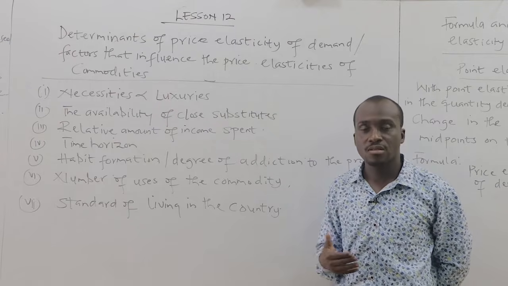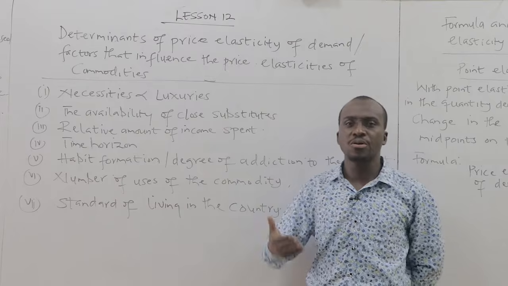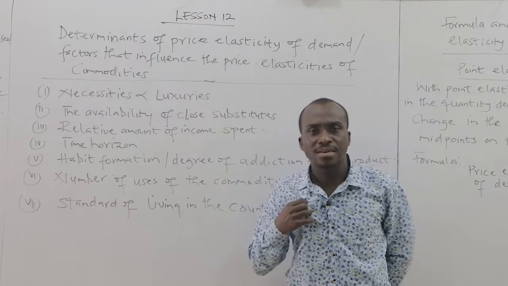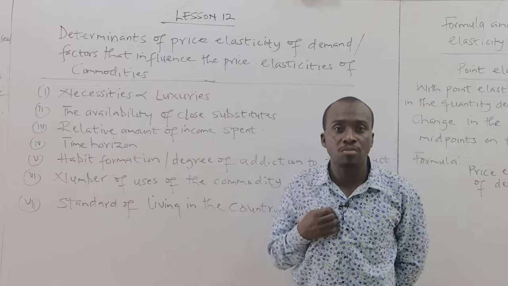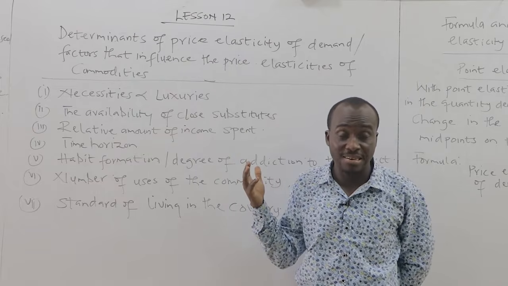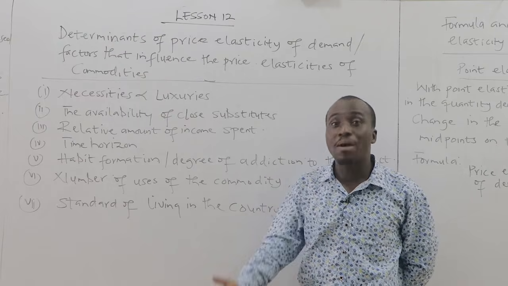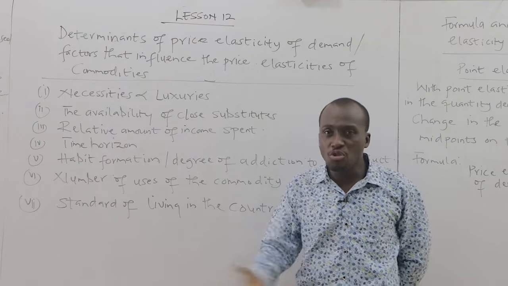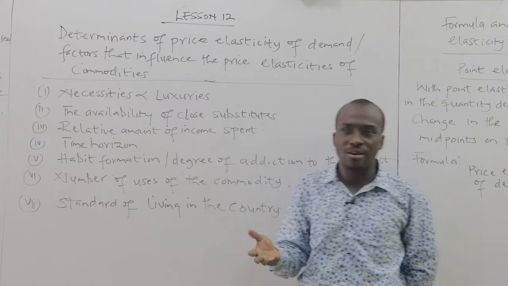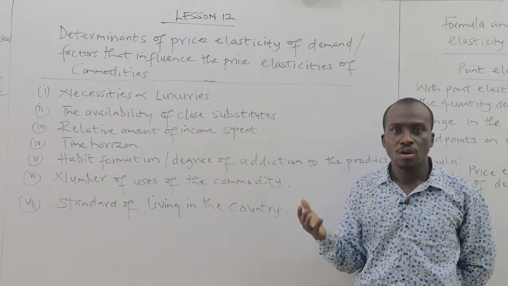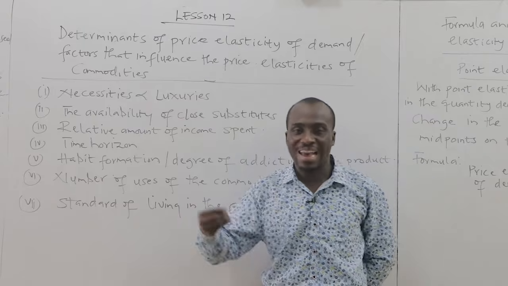So if the price increases, you cannot say that you are not going to wear clothing again. If all prices of clothing have gone up, will you now want to walk naked like in the 17th century? Or what would you do? You keep on buying. Maybe you reduce your quantity by a small margin, but you keep on buying. You can't say that water is expensive, so you don't drink water again. What are you going to do? Such things are a necessity.